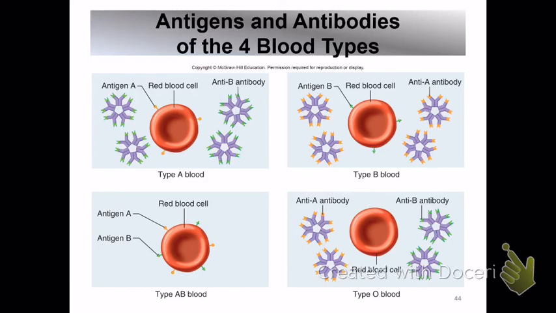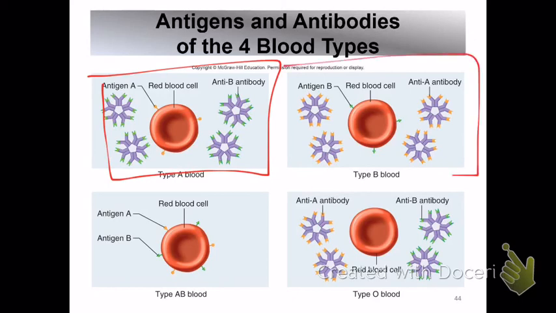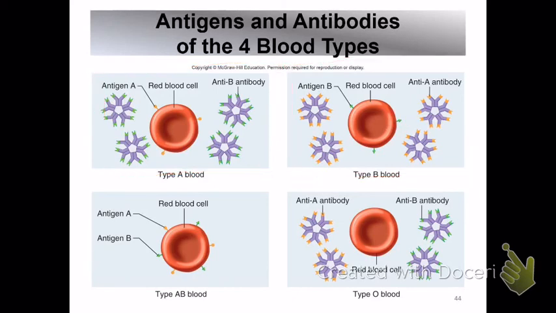Okay, I know my picture was better, but the book provides a picture too. So you can see here, this first box right here, that's A blood, and it looks like it has little bitty orange antigens on it. A antigens, which are surface proteins, and then you can see the antibodies are all clumped together. I was just drawing one at a time. The B, see how the antigen is shaped differently? Look at comparison here.